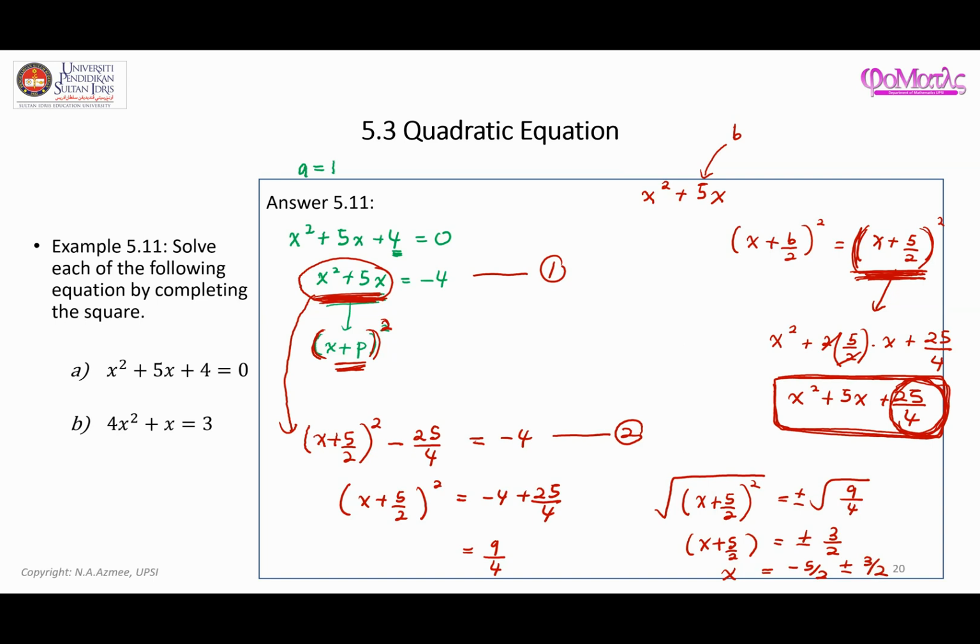So we have two answers here. You can easily calculate what the answer is. x is negative 5 over 2 plus 3 over 2, or x is negative 5 over 2 minus 3 over 2. So over here the answer is negative 1, or the answer is negative 4.